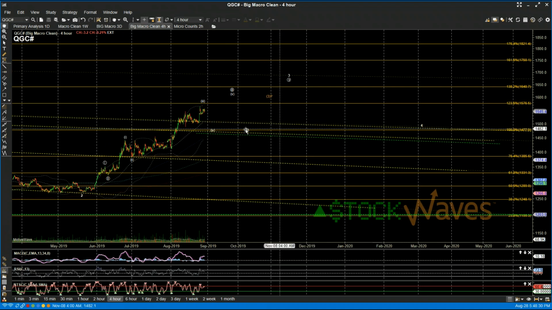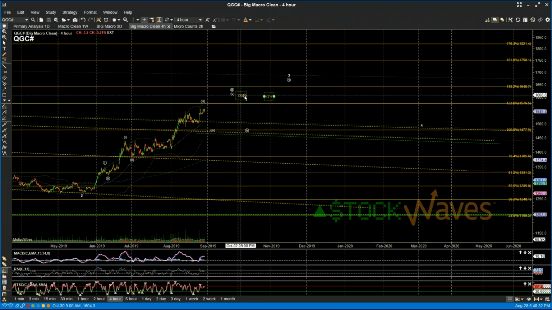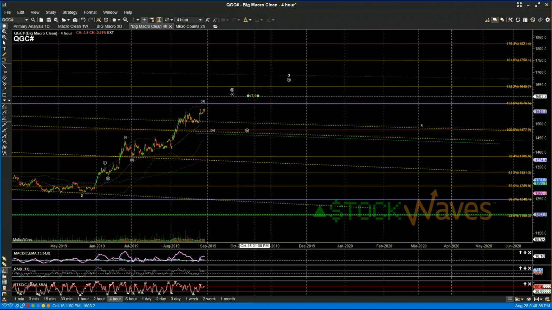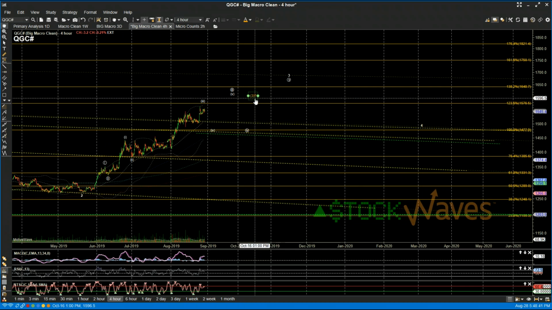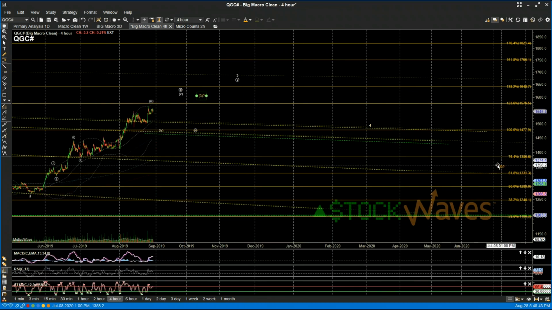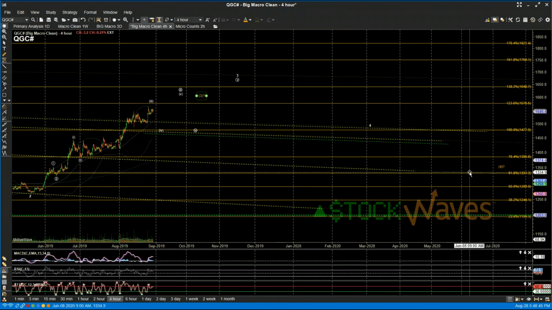So any break of that region, and we have to start worrying that any top in here could be the top of this orange wave 3, which ideally would get another 4-5 if that were the case. But that could come back and test into the 1300 region of support.